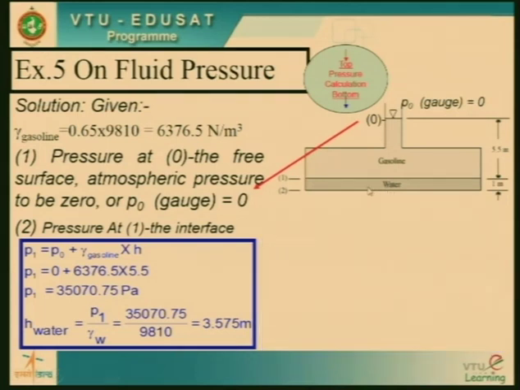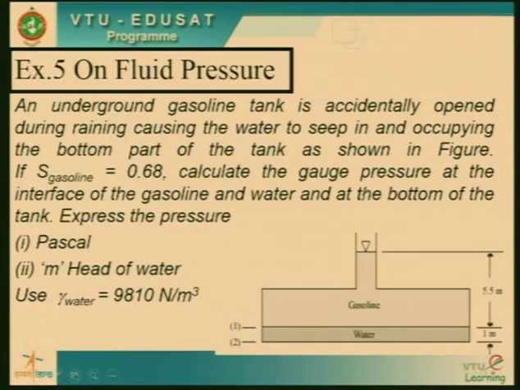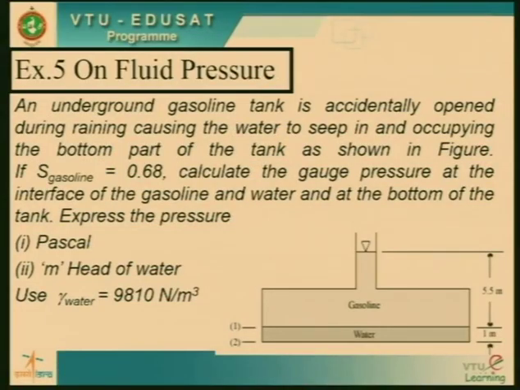But you can see here, if you go back to the statement of the problem, express the pressure in Pascal, which we have already done. What is the Pascal? Newton per meter square, which we have already got. But he is asking you one more thing, the meters of head of water.